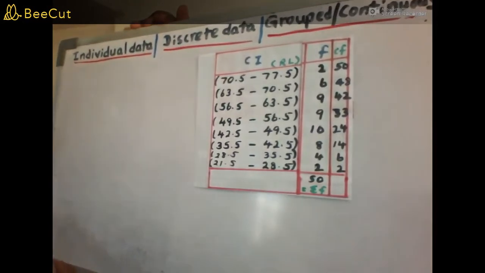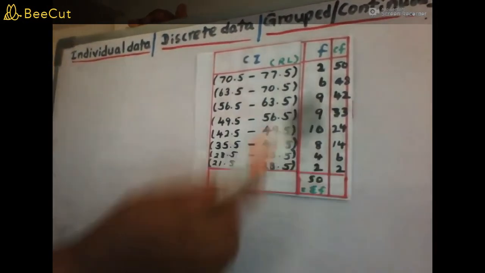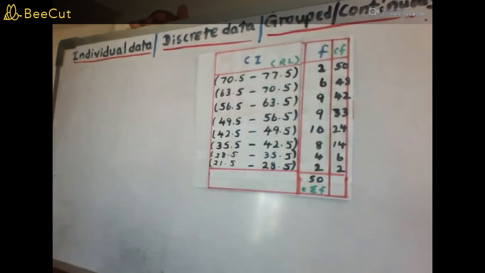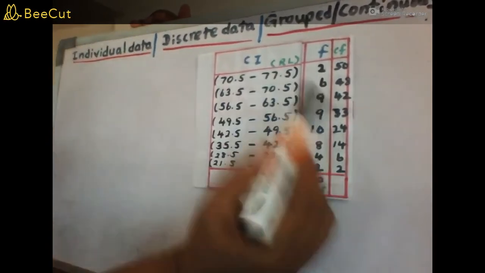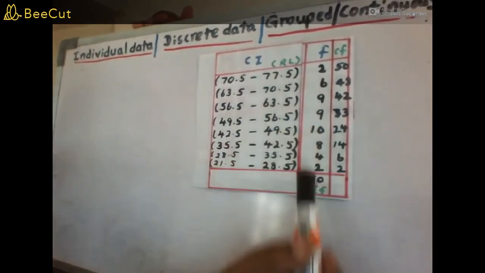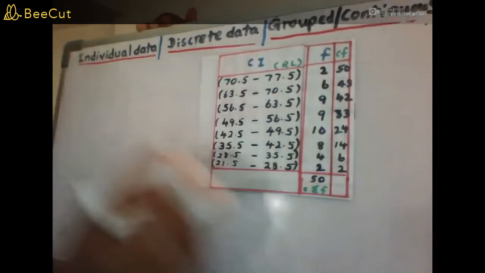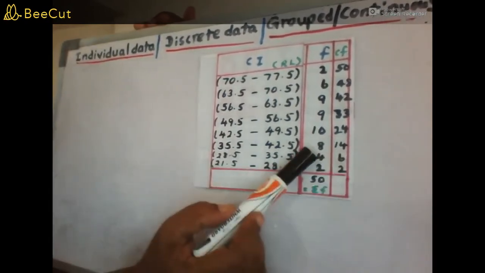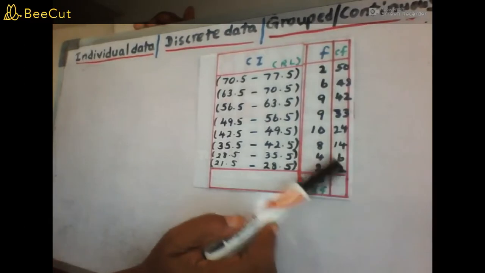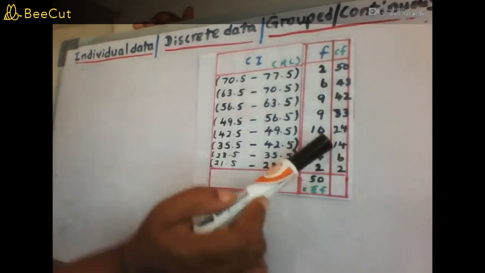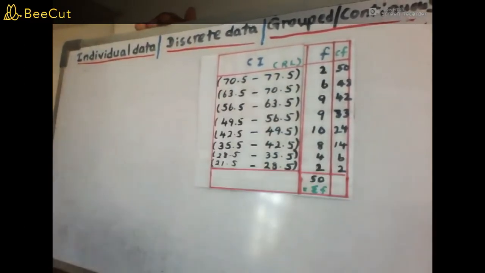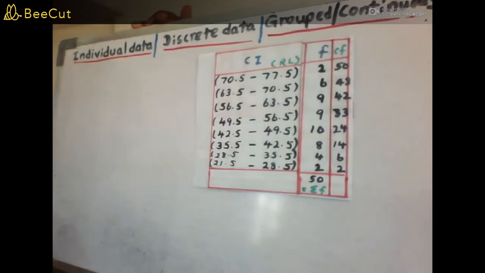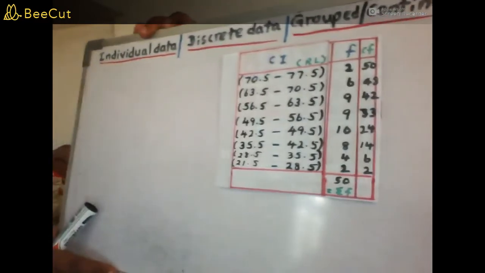F is there, so 2 plus 4, 6. 6 plus 8, 14. Likewise, you calculate the cumulative frequencies. Then you can use the formula.